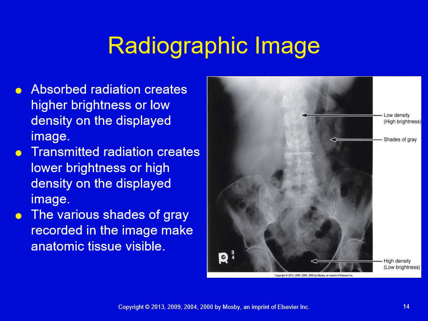Now, if more of the X-rays are absorbed, like they are in bone, that means that fewer of those X-rays are reaching the image receptor. So on the image, that will appear as those brighter or whiter areas, such as bone. All right, bone here, bone here.